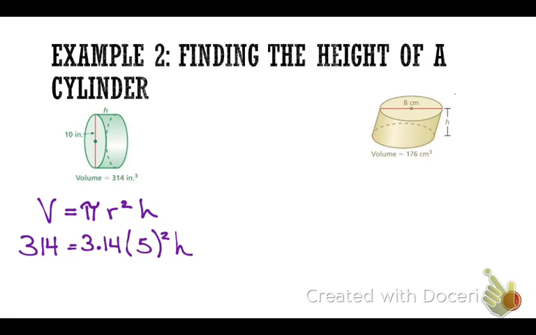Okay, so now I can multiply the numbers together. What's 3.14 times 25? Yes, that's correct, 78.5 h.